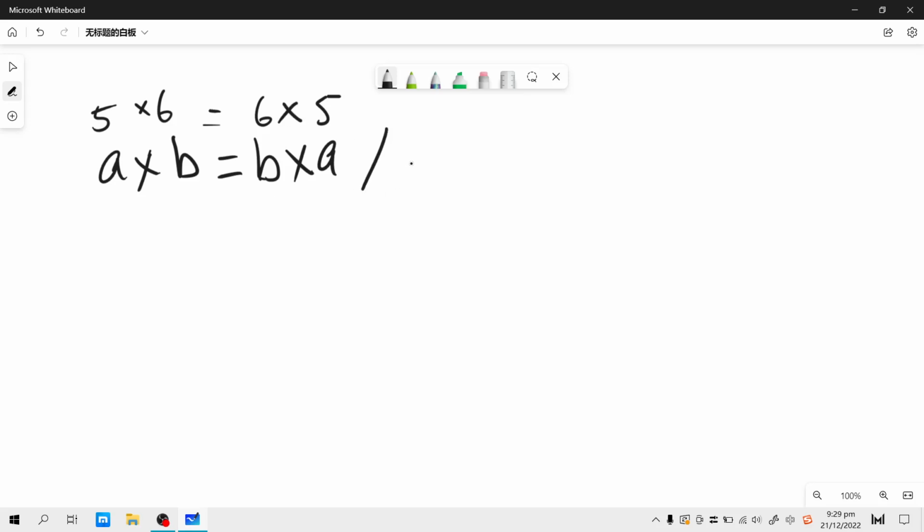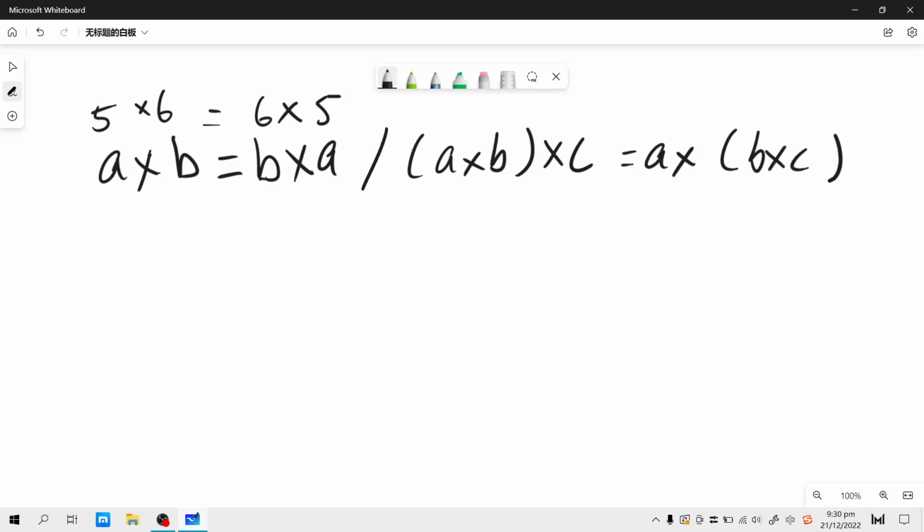Let's move on to the second one: A times B times C equals A times B times C. This is the second equation. Now the third equation: A times B plus C. You see the plus sign over here? As I said, it's very normal.